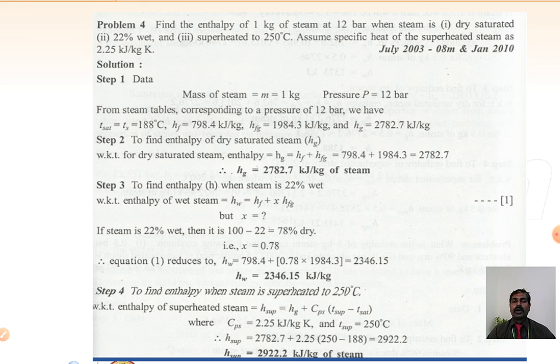We have to find the enthalpies at different stages; the superheated steam temperature is given and the dryness fraction is given. 22% wet means 78% dry, that is x is equal to 0.78. So by seeing the wetness fraction, we can find the dryness fraction, and using that we can find hg and h super.